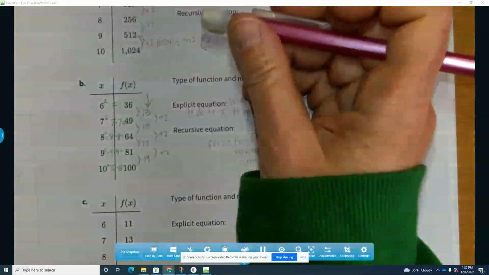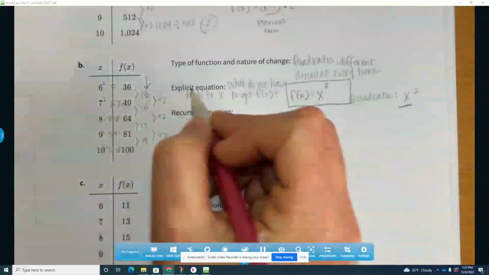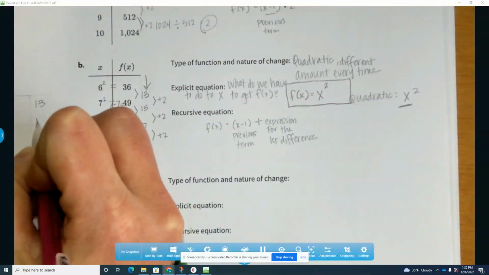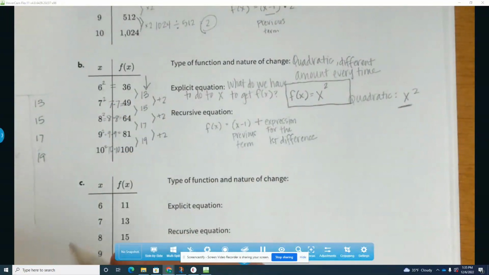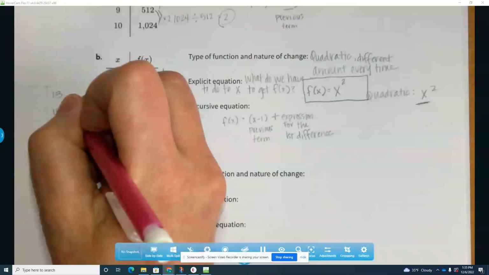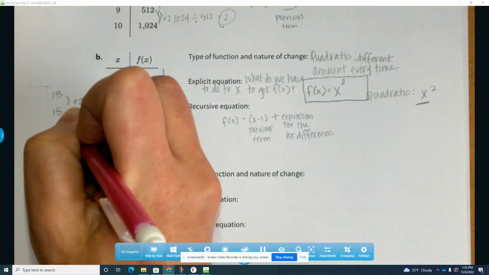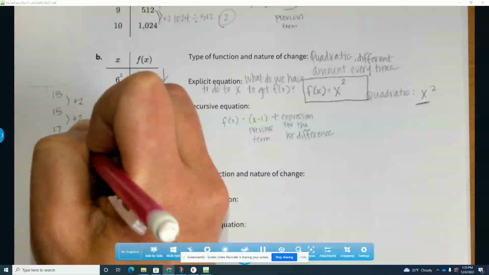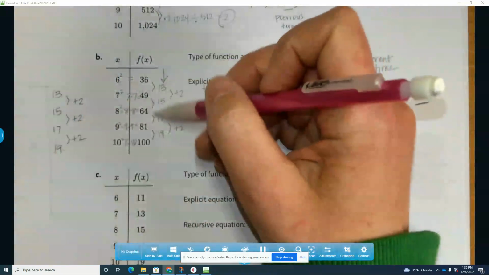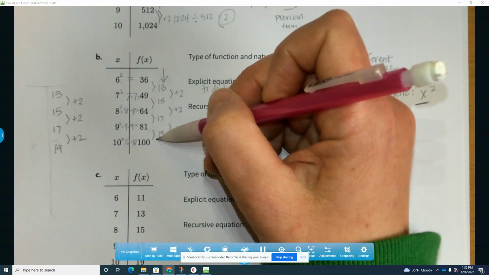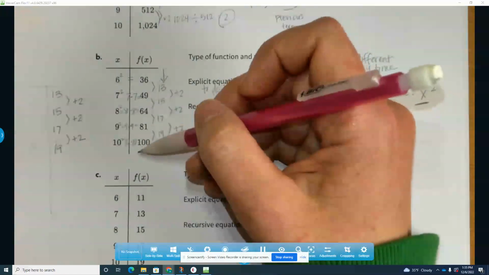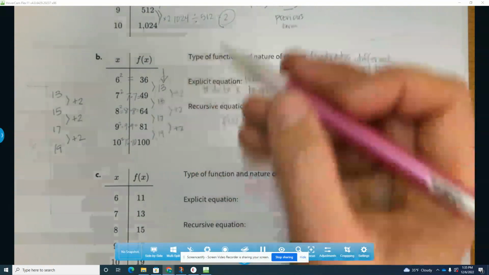I changed my mind on how I want to do that. Okay, let's look at our first difference, 13, 15, 17, 19. What's the rule? Well, you can probably see by now that the rule for the first difference, this group right here, the rule for that is a plus 2. So the rule of the rule. Okay?